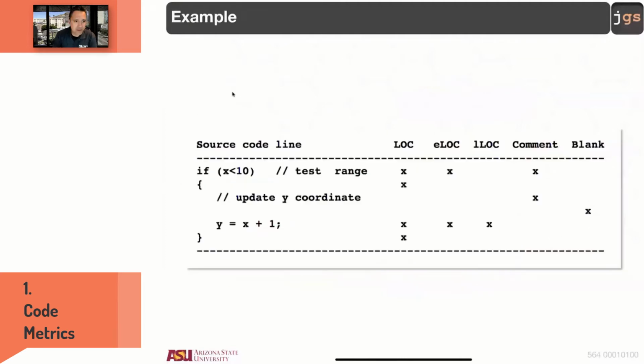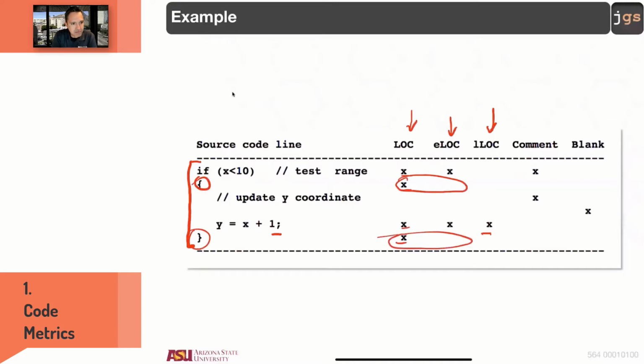So something like this, hopefully you agree with me. Source code, lines of code, effective lines of code, logic lines of code, only 1 semicolon, only 1 line, all the lines that we have here. And these guys are here, but not here.